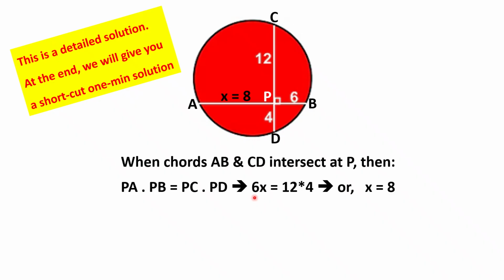That is 6x equal to CP into DP, that is 12 into 4. So we get 6x equal to 12 into 4, or x equal to 8. So the length of AP is 8 units.